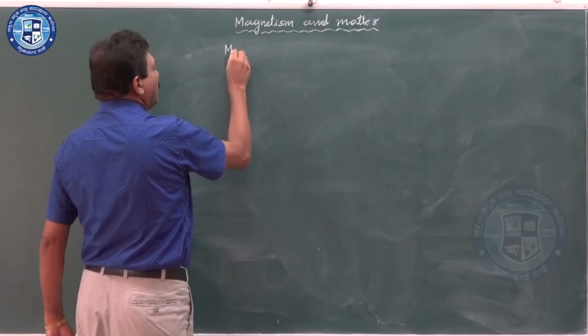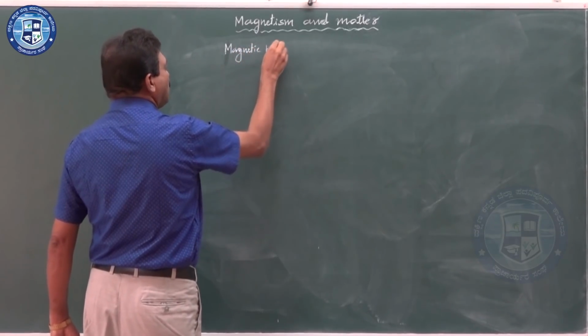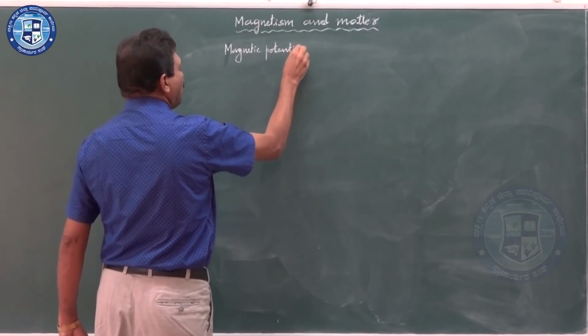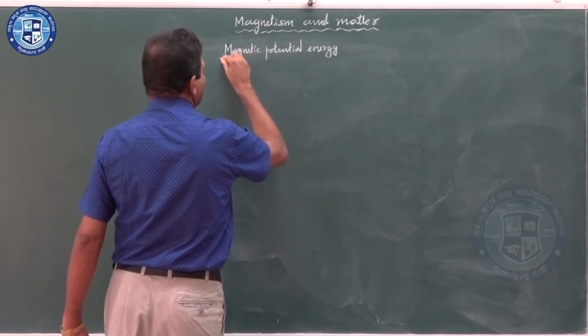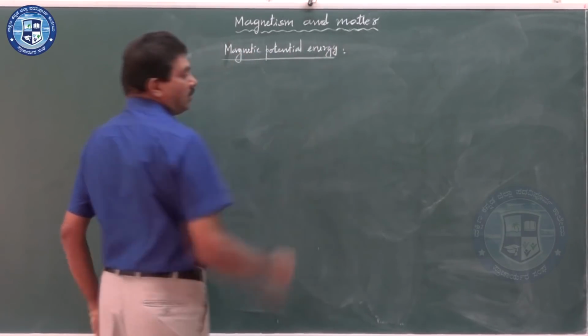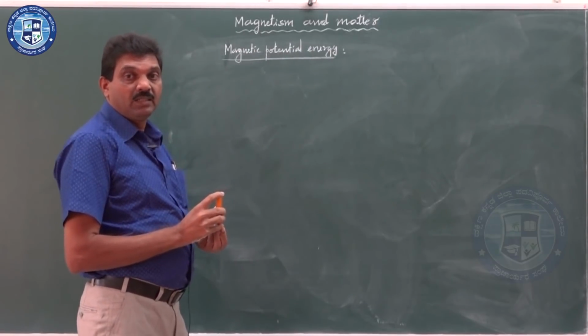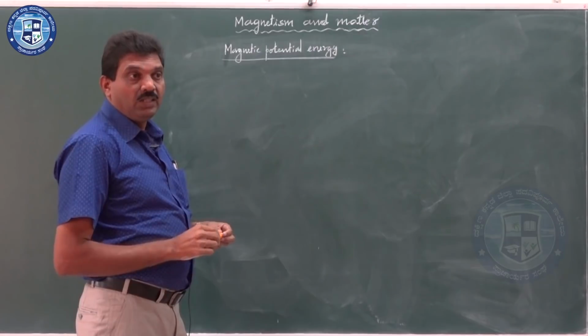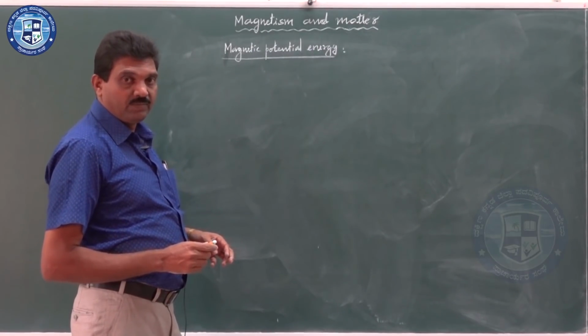Magnetic potential energy of a magnetic needle in a uniform magnetic field.